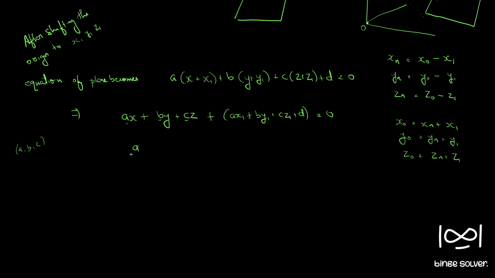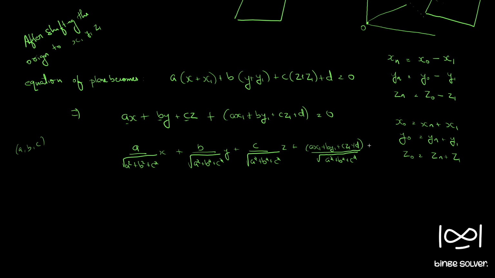So we'll divide by root of a square plus b square plus c square: a by root of a square plus b square plus c square x, plus b by root of a square plus b square plus c square y, plus c by root of a square plus b square plus c square z, plus ax1 plus by1 plus cz1 plus d by root of a square plus b square plus c square equal to 0.